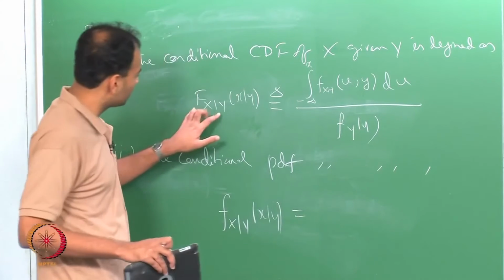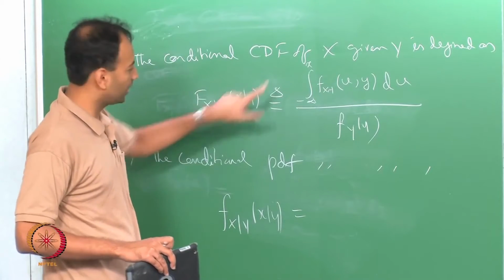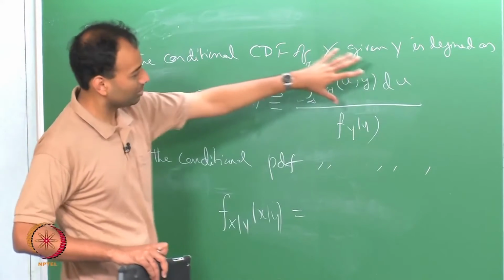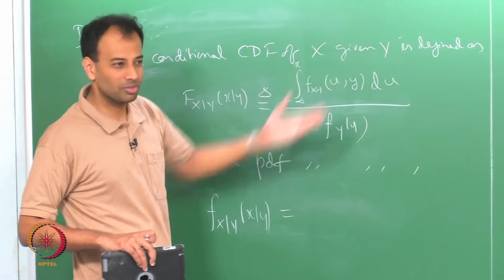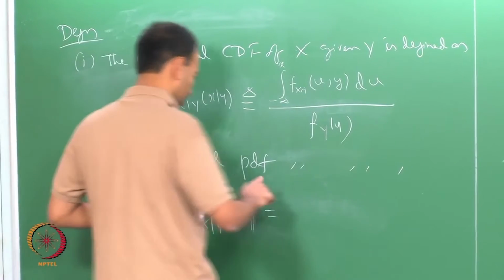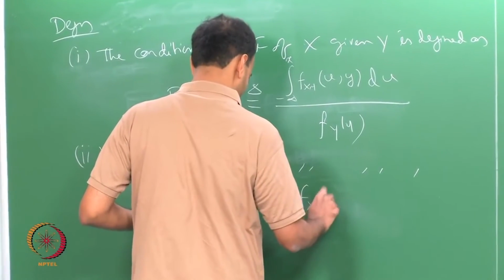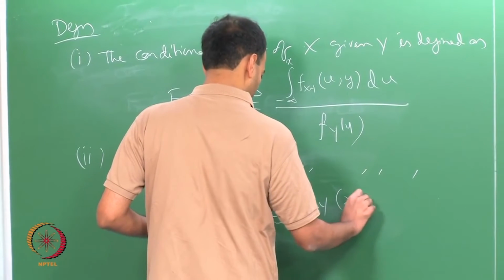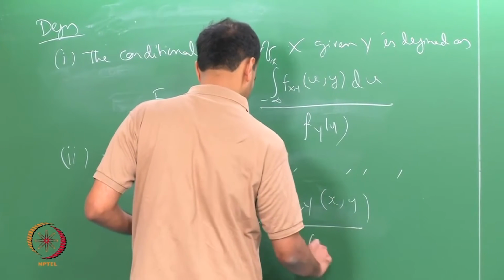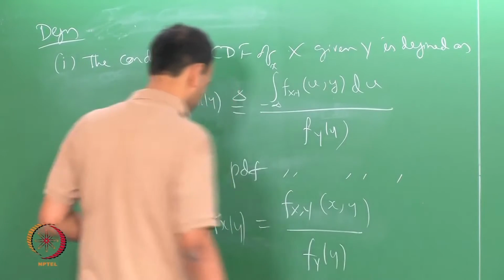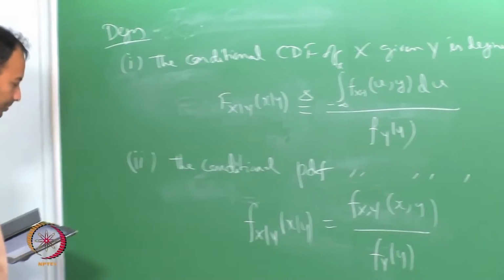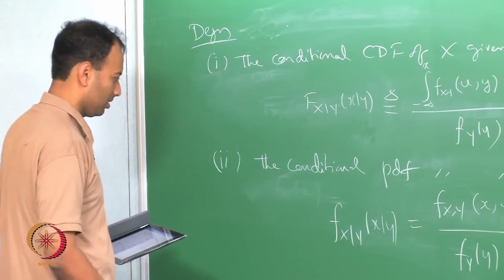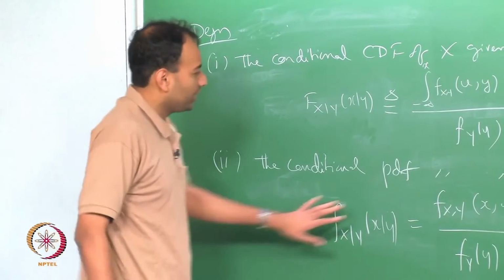So, this is like a CDF and it looks like the integral from minus infinity to x of something, right. So, what is inside must be my conditional PDF, right. So, it is a very natural definition: f x, y over f y of y. Fine. So, it has a fairly intuitive form finally.